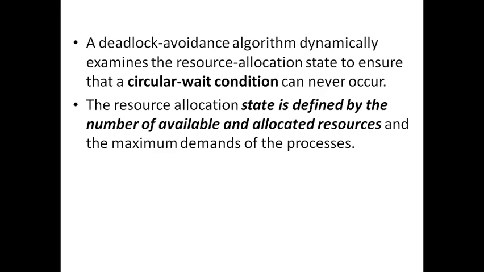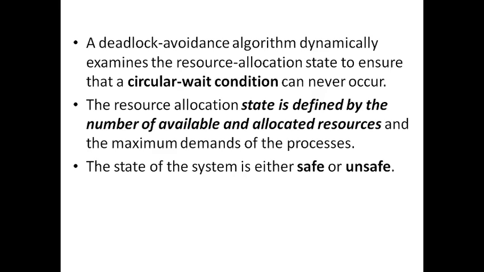Based on these numbers, it can predict, whenever a request is made by a process, whether it will lead to a deadlock or not. Accordingly, it will classify the system's state as safe or unsafe. We will see what is the difference between safe state and unsafe state. But basically, a safe state means a state where a deadlock is not present or unlikely to occur, whereas an unsafe state is one that is either already deadlocked or where a deadlock is likely to happen soon.